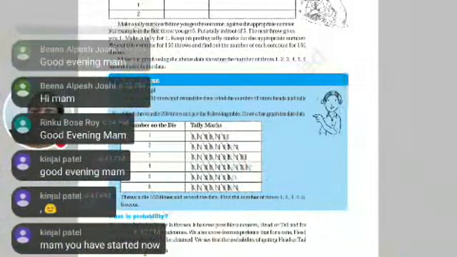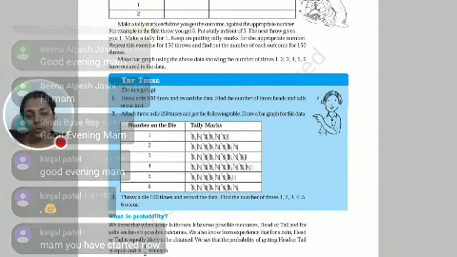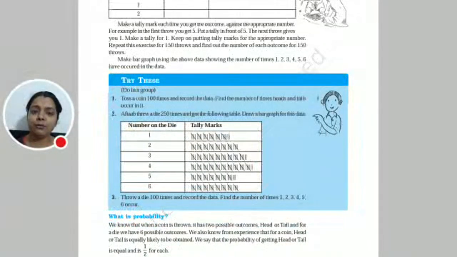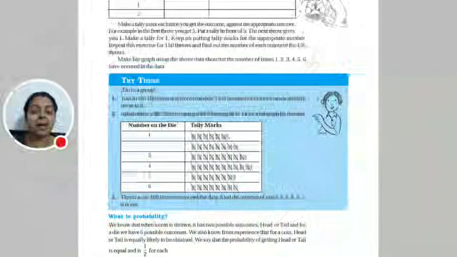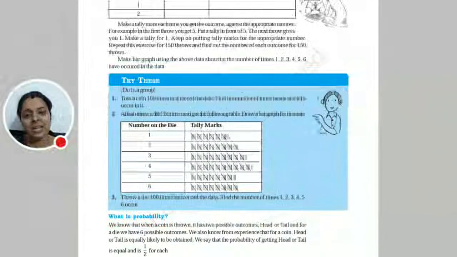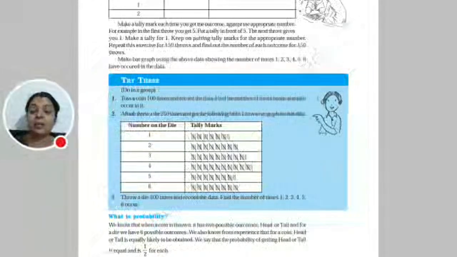So first I'm talking about coins. After this class, you can go for a toss. You can decide on 25 times, 50 times or 100 times, and let me know later how many times you tossed and how many heads and tails you got.